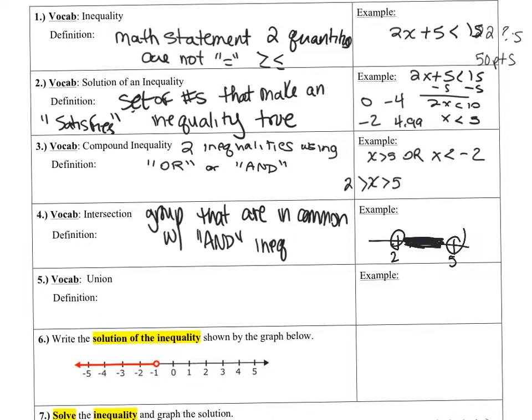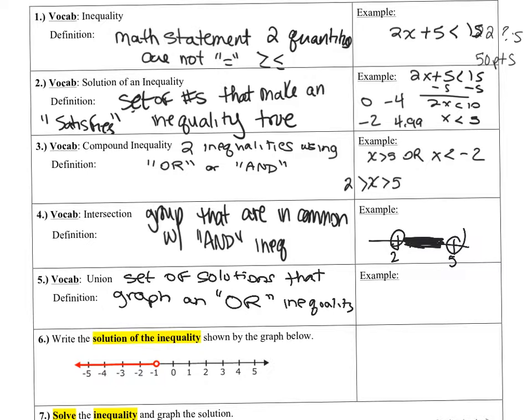Contrary to that, a union is the set of numbers or the set of solutions, or whatever word you want to use, that satisfy or graph an or inequality. So if I was to graph the first example, the greater than 5 or less than -2, that graph would be considered the union.